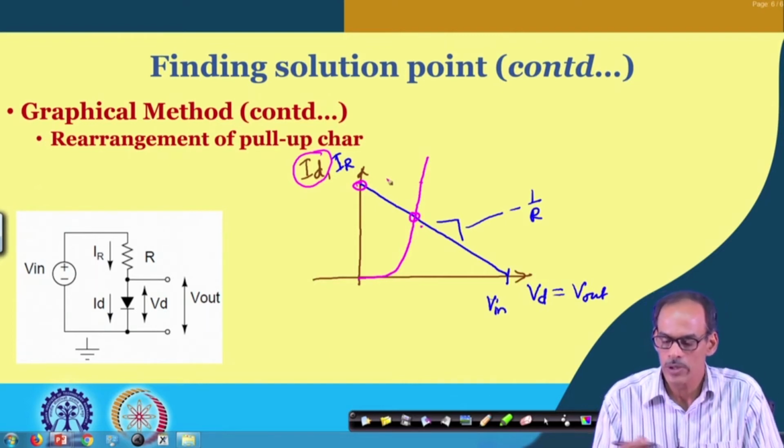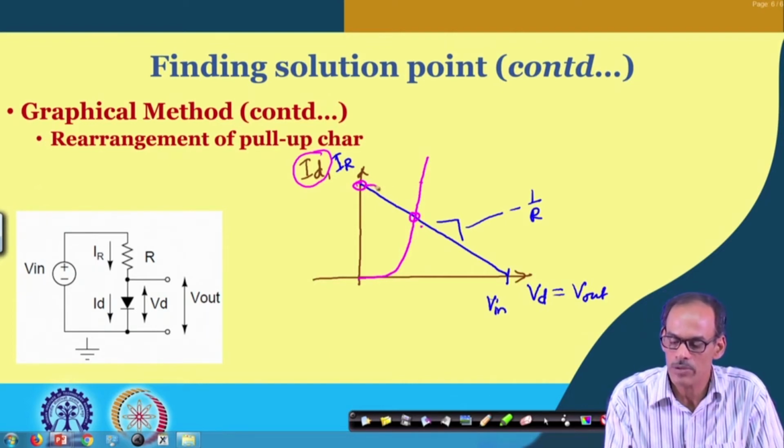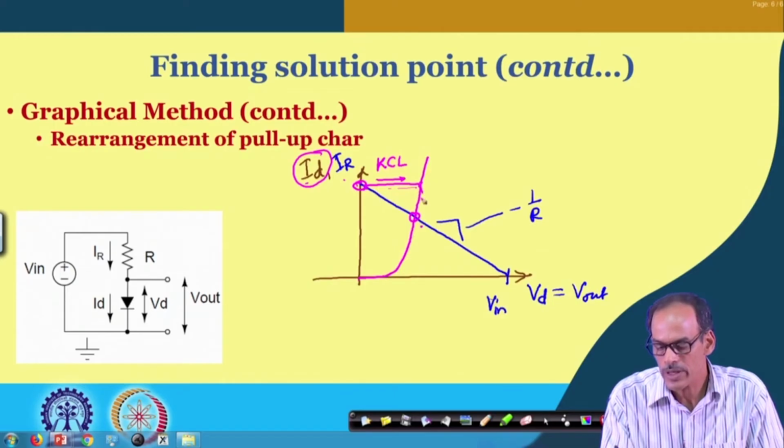So, from here we maintain this current, which means at this point we have I r, and if we move horizontally, we are equating this I r with I d, because this curve represents I d. So, that ensures our KCL.